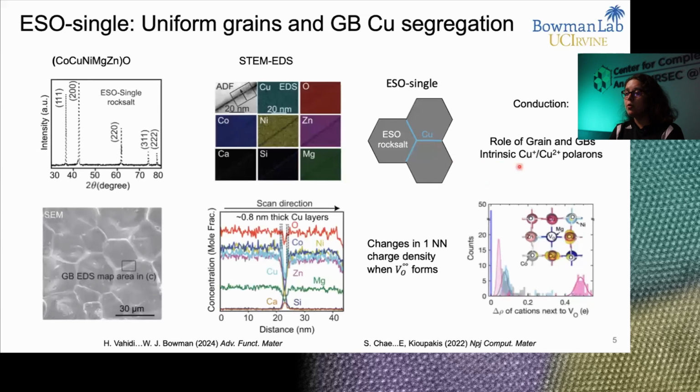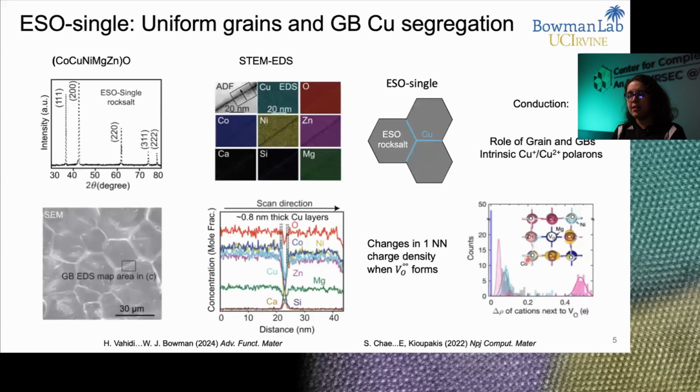And we do know that there's a possibility of copper +1 existence in these materials that was previously shown. So we have the possibility of small polaron conductivity in this material. Additionally, we know from this DFT data that the changes in the first near neighbor charge density are the most around oxygen vacancies when you have copper atoms.